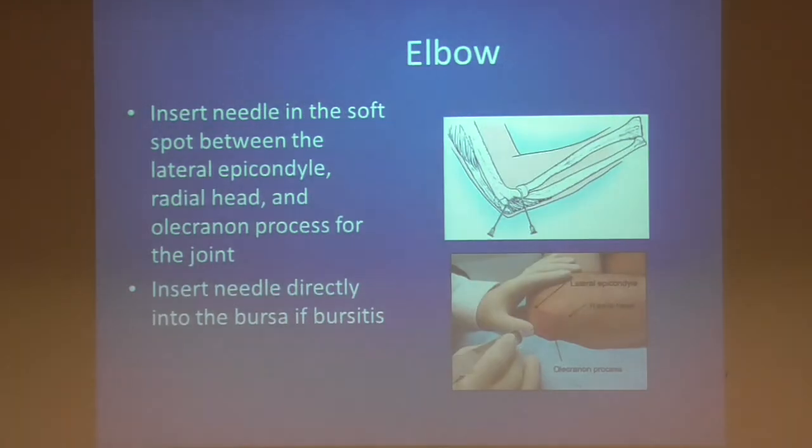For bursa, like the elbow, a common thing we're seeing in the office is olecranon bursitis. So for that, obviously you don't want to go into the joint. When you see a big egg on the back of the olecranon here, the dorsal surface, those are not ones that you want to try and get into the joint with.